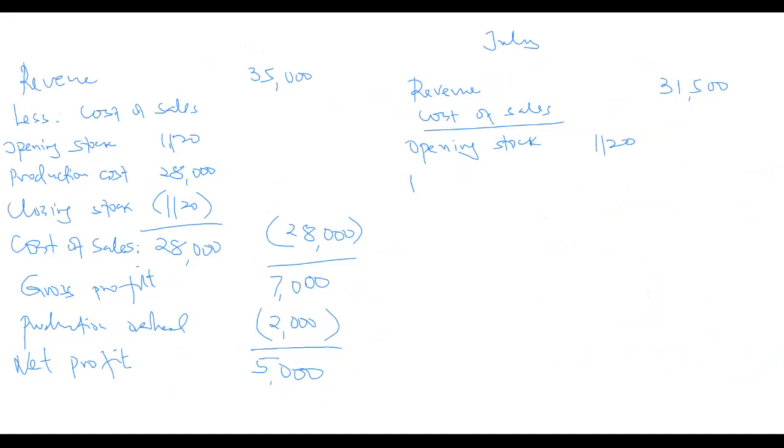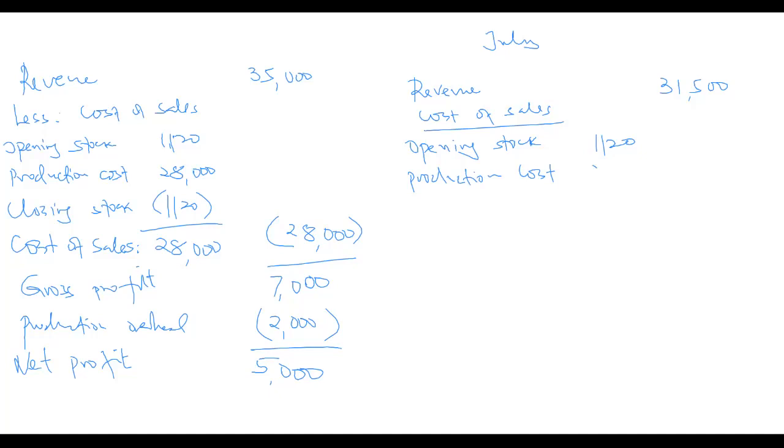That's the opening stock in the month of July. Then add production cost. Don't forget, every month the company is producing 1,000, which implies the production cost remains at 28,000, because every month you produce 1,000. So it's 1,000 times 28.